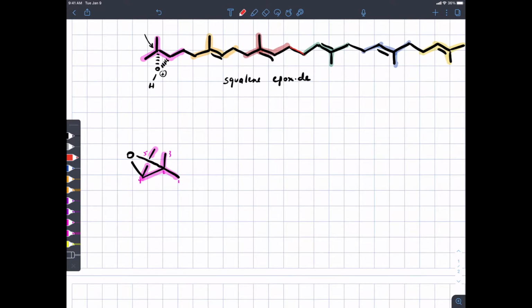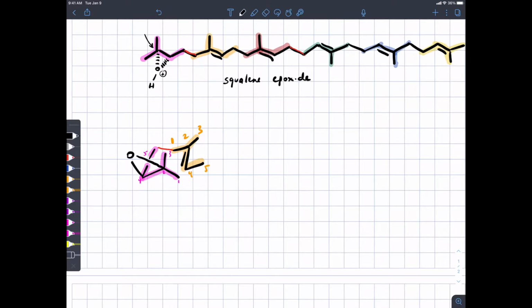I'll use red for the bond between two isoprene units. And then we'll use the orange unit. This will be 1, 2, 3, 4, 5. So that's crudely drawn, but you can see the beginnings of a 6-membered ring there, right?